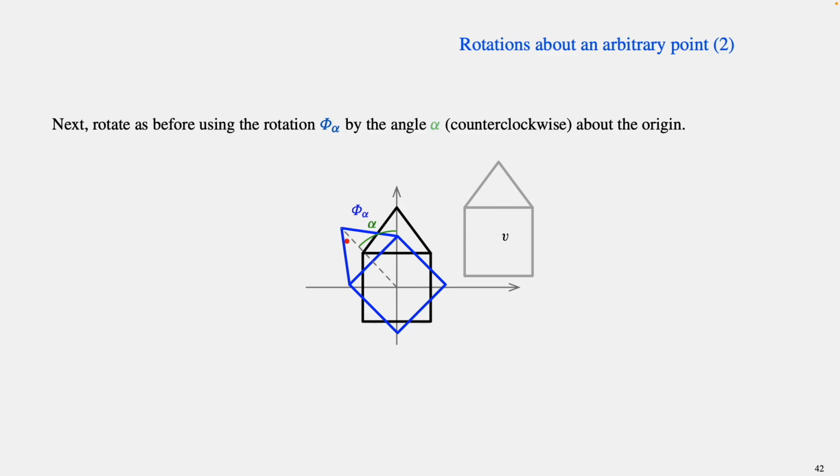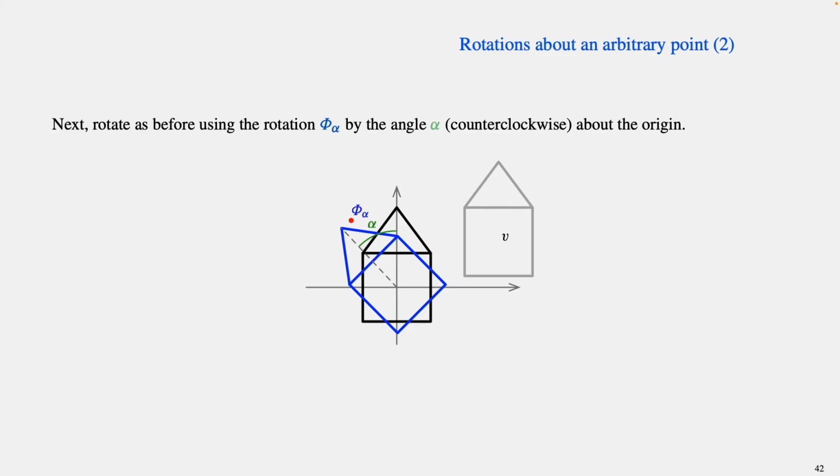Next, I apply rotation about the origin by the angle alpha, which is phi alpha. So my original image here has been moved to the origin. Now I rotate it about the origin, so I get this blue house here, which is just a rotated version of the black one, after applying phi alpha, the rotation by angle alpha.